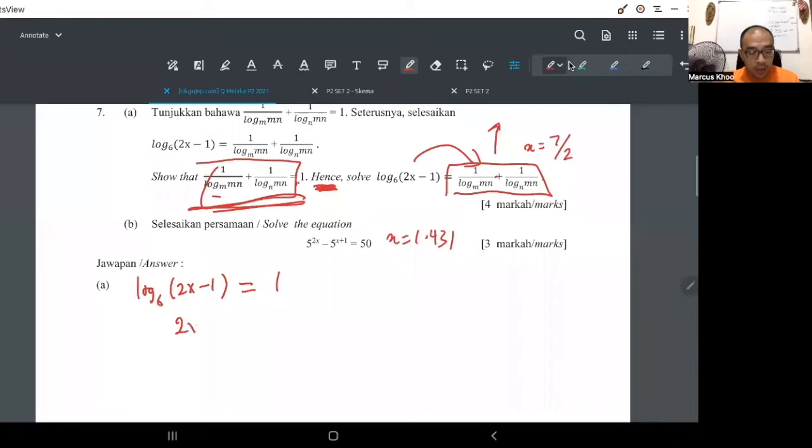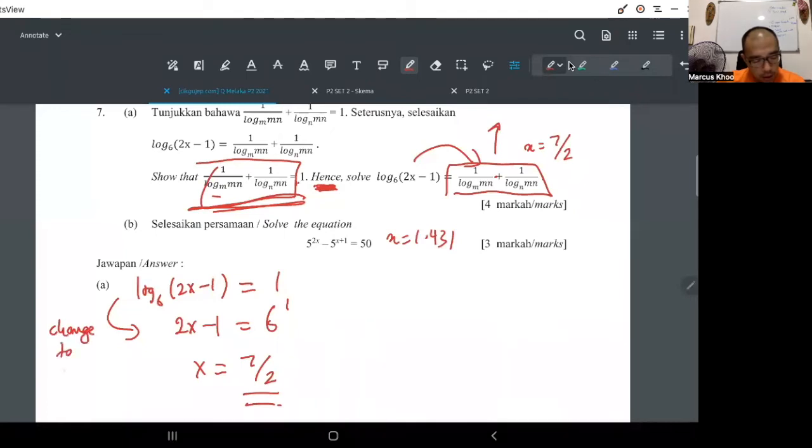It will be 2x minus 1 equals 6 to the power of 1, and you get x equals 7 over 2. Ini mudah ini sebenarnya. So I hope you remember this. Change log form to index form. If you don't remember this, go and study it. It's a very good skill to learn.